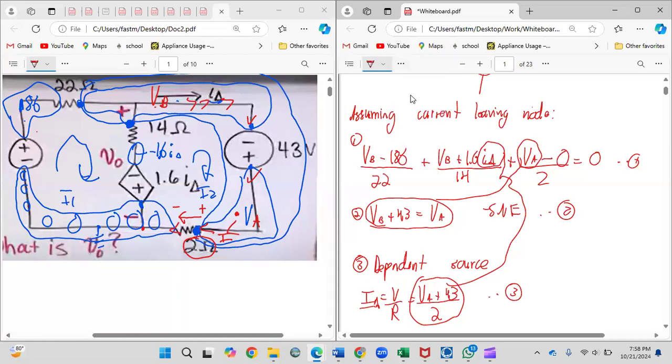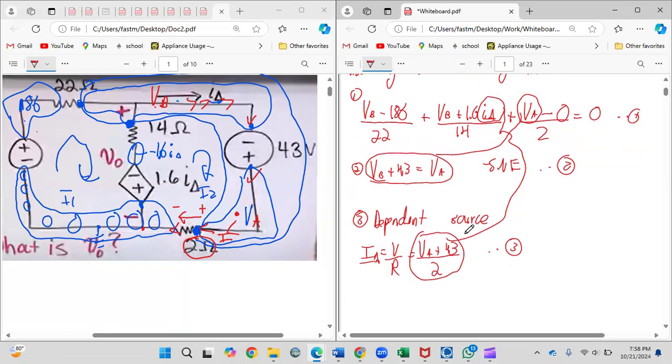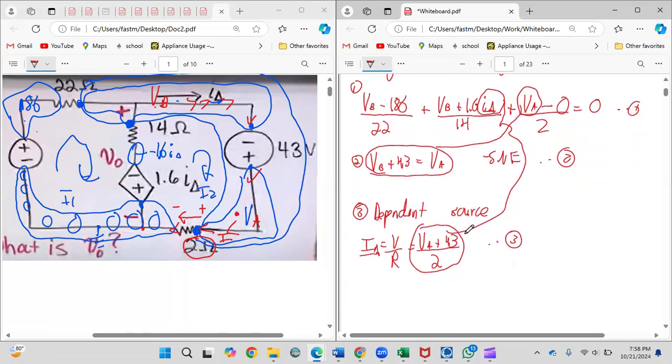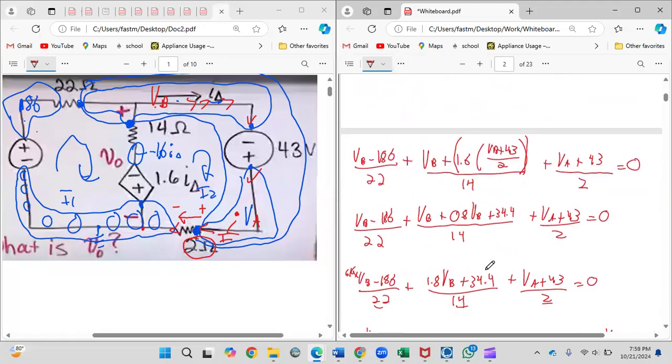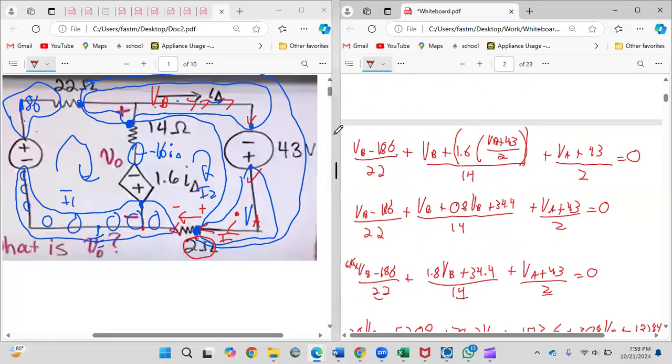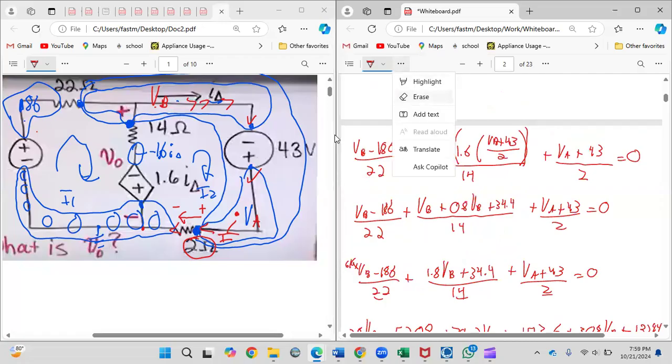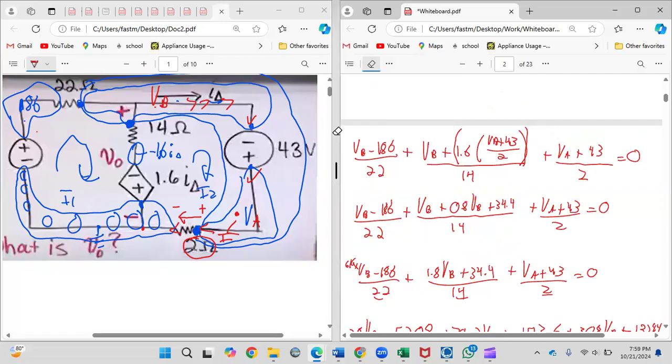I don't want to go over the simultaneous too much. And then down here now, here will be VB plus 43. Alright, so now I go through my steps and I could just have my VB here, like how I do my working.